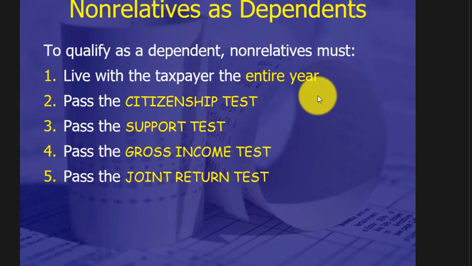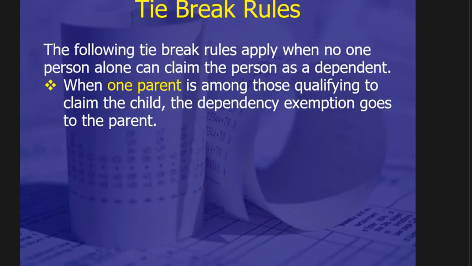So the person you pick up off the street and live in with you has to live with you the entire year to be a dependent. And then they have to pass the others. The support test is still there, they have to make less than 4,150 for the gross income test, and the joint return test. So it's basically the same as qualifying relative, except they have to live with the taxpayer the whole year to overcome the fact they're not related.